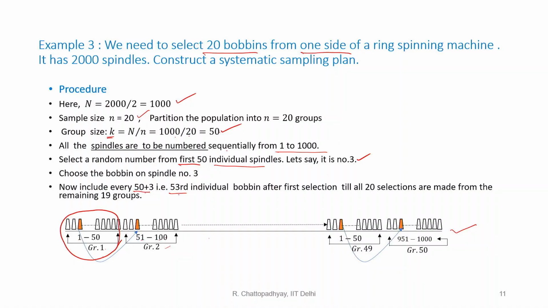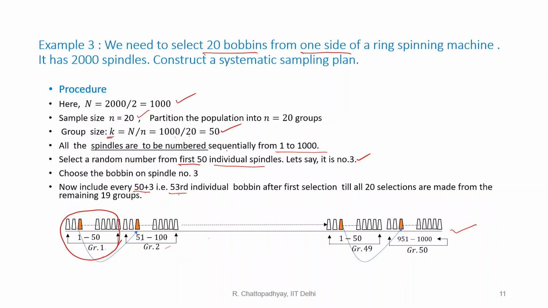From each group, the third spindle is being selected. Whatever bobbin is on top of that particular spindle, we'll remove all those bobbins, and that will give us 20 selections.